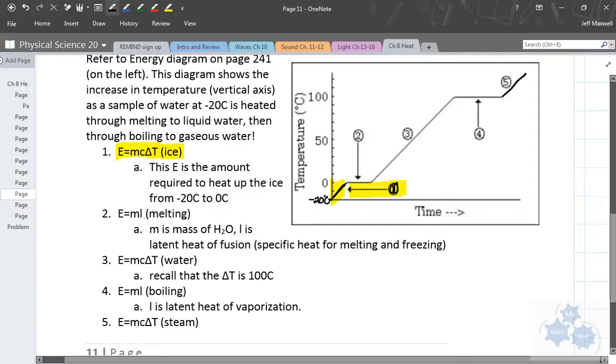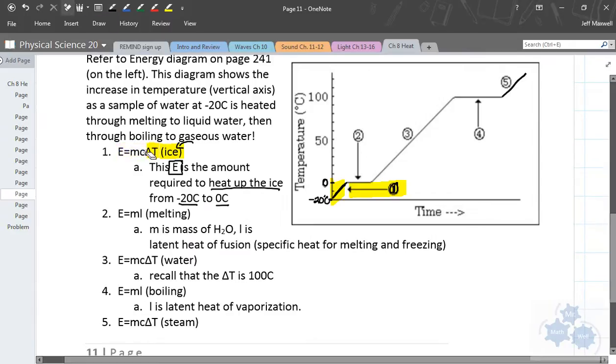We won't do the actual calculation just yet, but just so you understand what's happening, we can calculate the energy required to heat up the ice. What's the temperature change? From negative 20 to 0 degrees Celsius. So that's this section right here. That's E equals mc delta T, and the C that we use, the specific heat capacity, is the C for ice, solid water. Okay, got that?